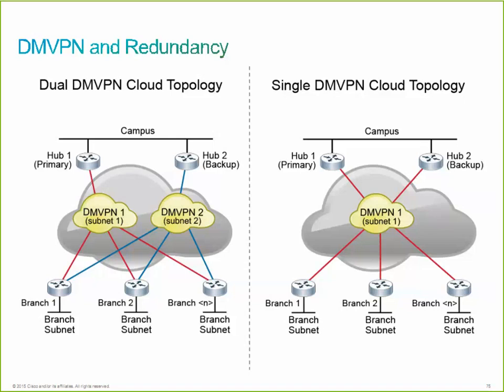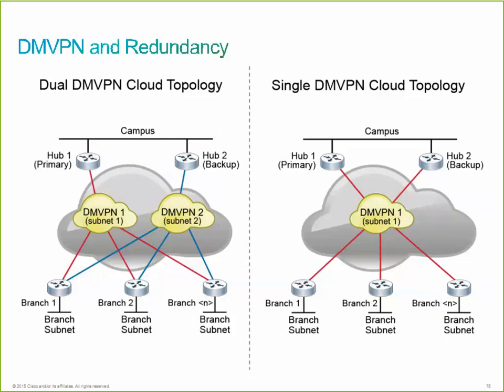Now, either cloud topology can be configured for either style of network. You can do hub and spoke only, or you can do spoke to spoke, right? But you'll run into problems if for some reason some spokes are talking to one hub and other spokes are talking to another hub in that dual DMVPN cloud topology.